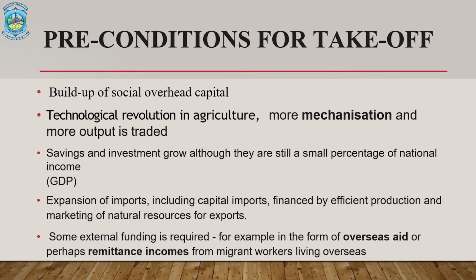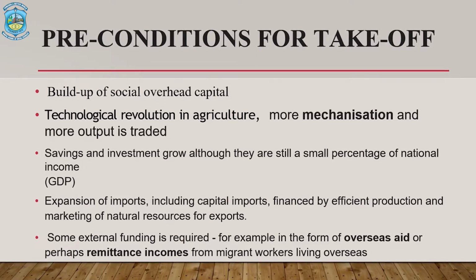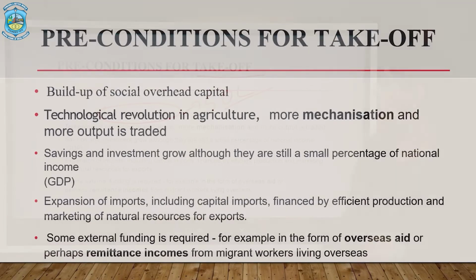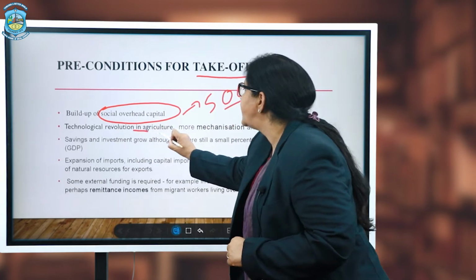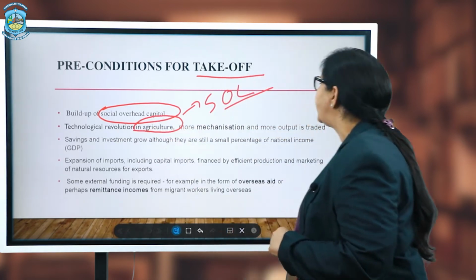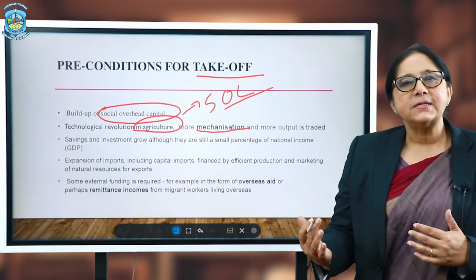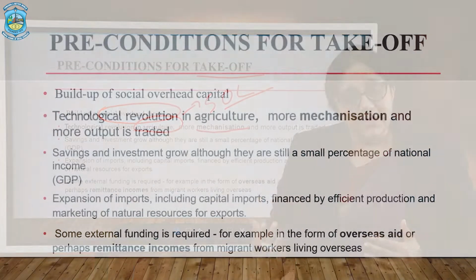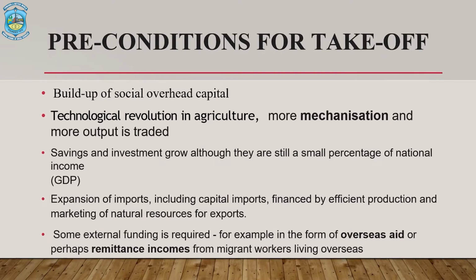All these need to be developed before an environment for investment is created in the economy. Now, at times, technology transfer also takes place in the agricultural sector, as a result of which mechanization, that is more and more use of machines and increase in productivity, takes place in the agriculture sector.